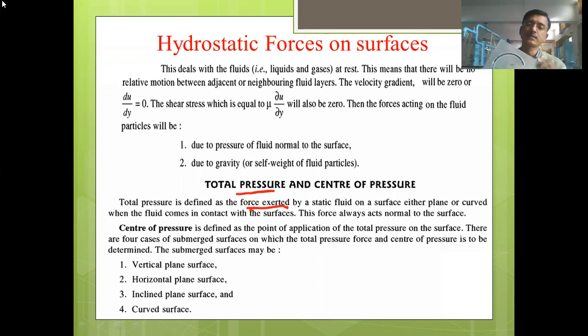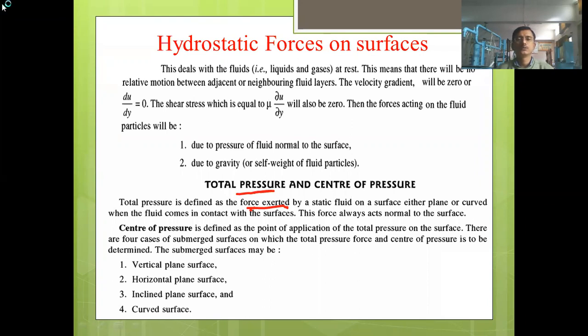Are you seeing this protractor? It is a plane object. It is not curved. Curved means the surface is like this. This is the curve, and when it becomes straight, it is called a plane surface. So the surface is either plane or curved when the fluid comes in contact with the surface.